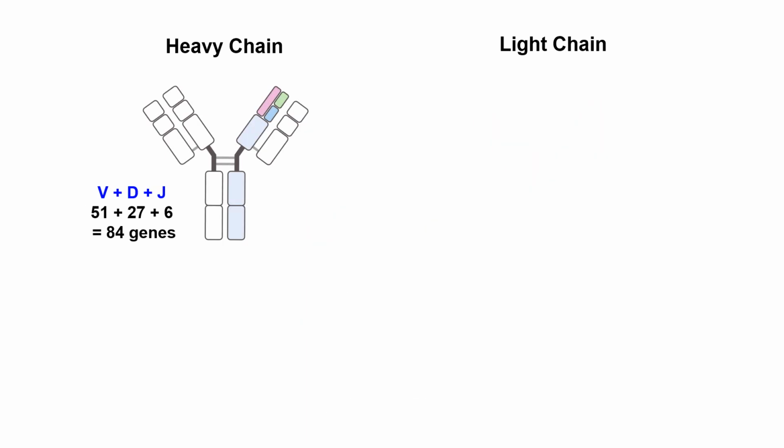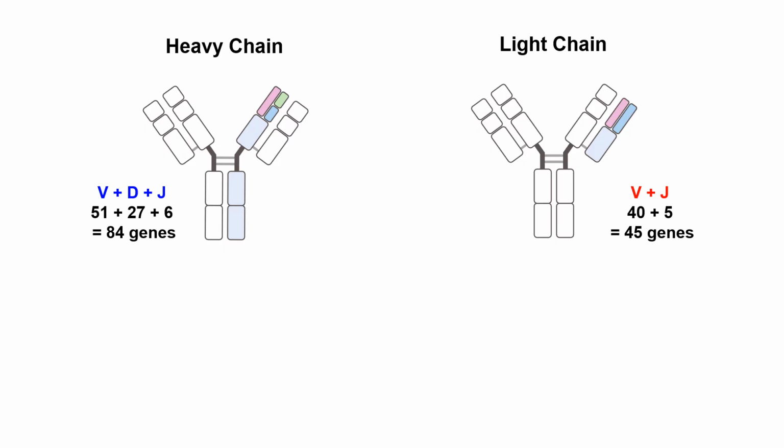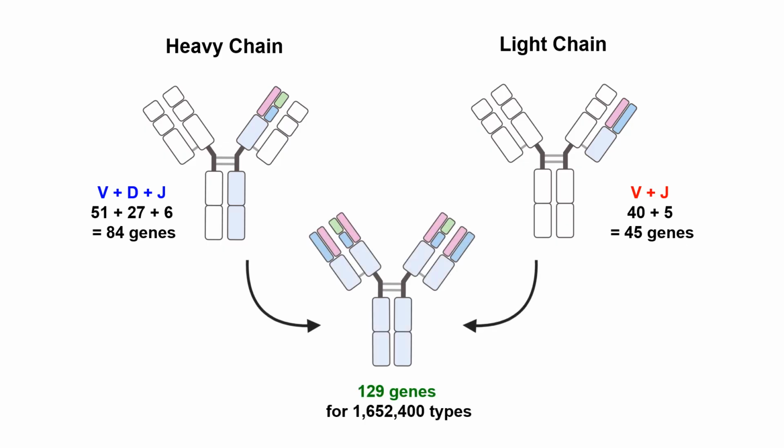Now, let's count how many genes have been used to make this diversity. In heavy chain, there are 51 V, 27 D, 6 J. Altogether, 84 genes. In the light chain, 40 V and 5 J, 45 genes. If we combine this together, total number of genes is 129.